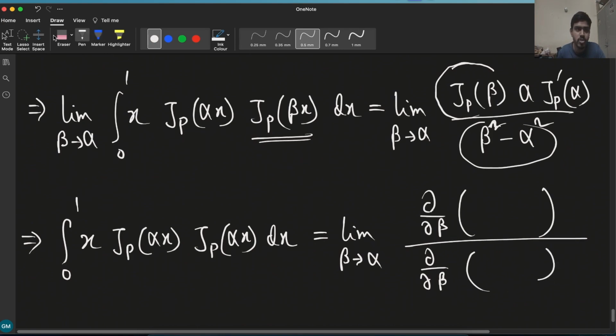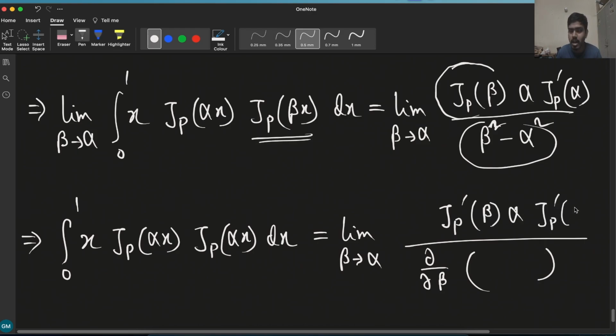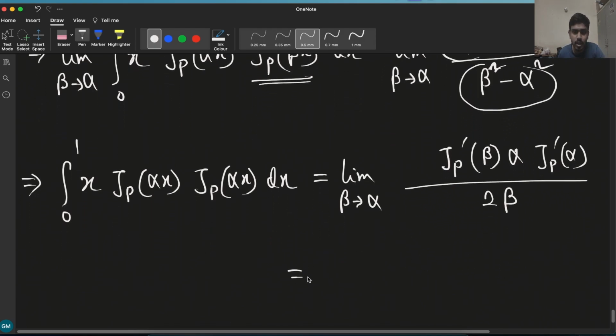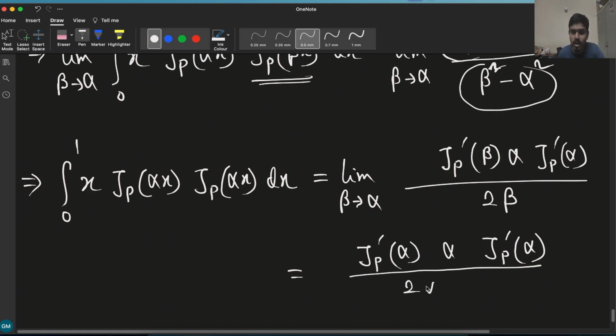And if I do this del beta, I'm treating alpha as a fixed number, so it will just be Jp'(beta) times alpha times Jp'(alpha), and for the denominator it will be twice beta. Now if I take the limit, it will be Jp'(alpha) times alpha Jp'(alpha) divided by twice alpha.